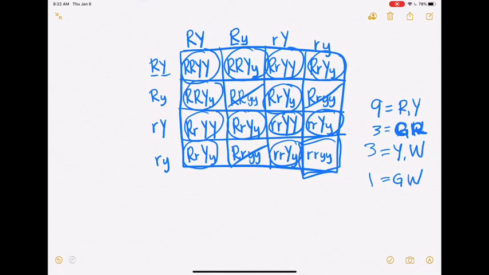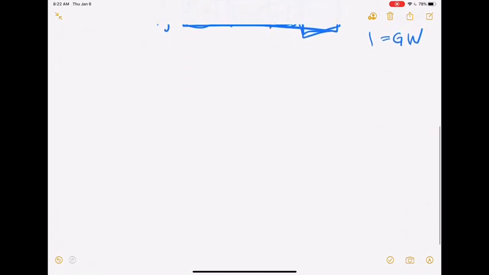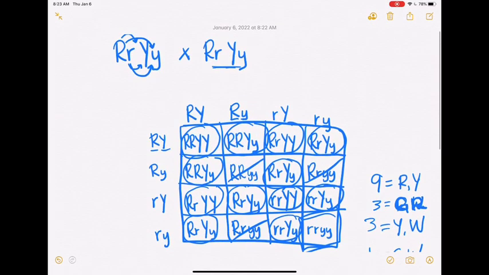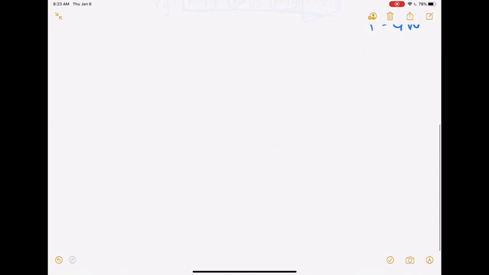Now let me show you one more quick example on 2-factor cross Punnett squares. I don't think this one is in your notes, but I do want to show you a bit of a shortcut. Again, this one was 2 heterozygotes. What if we had maybe 1 heterozygote and then one parent that was different? Again, we're going to have to FOIL.